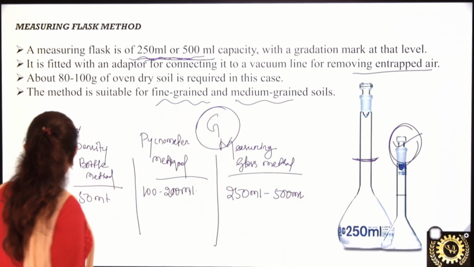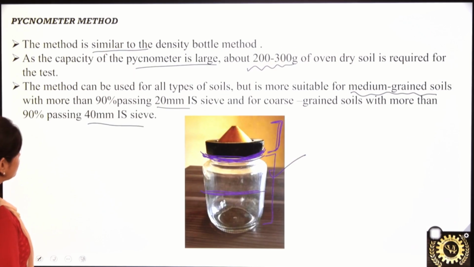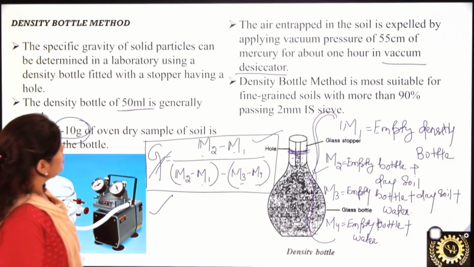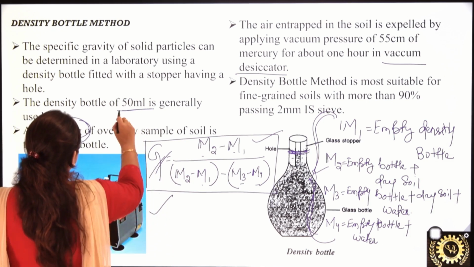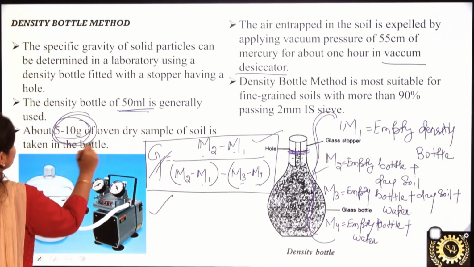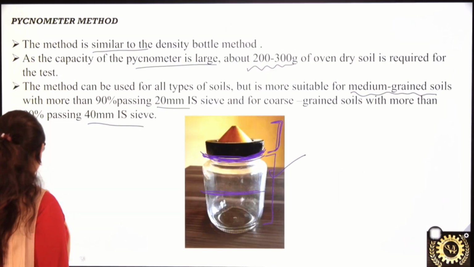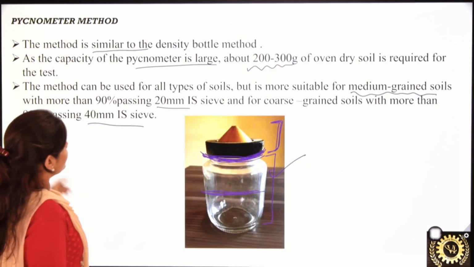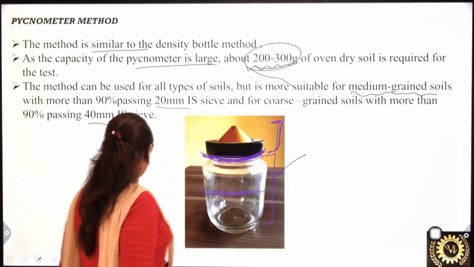In the density bottle method, we use only a 50 ml bottle and 5 to 10 grams of oven dried soil. In the pycnometer, we take 200 to 300 grams of oven dried soil.